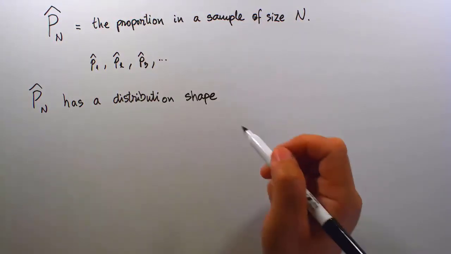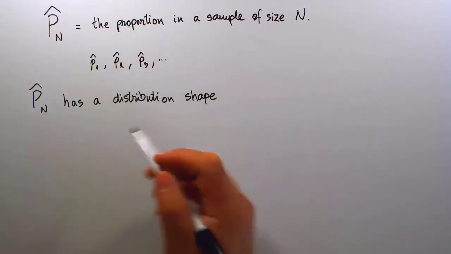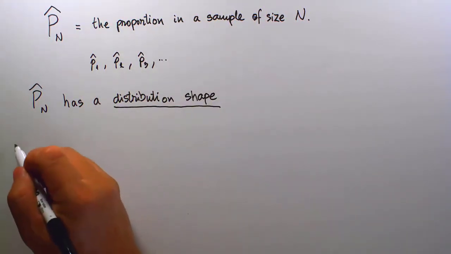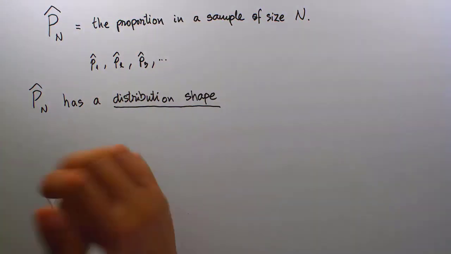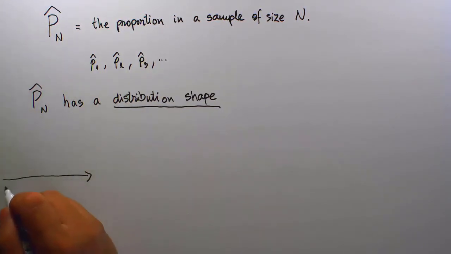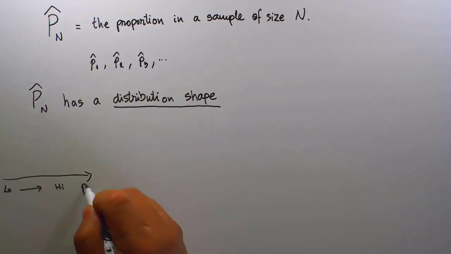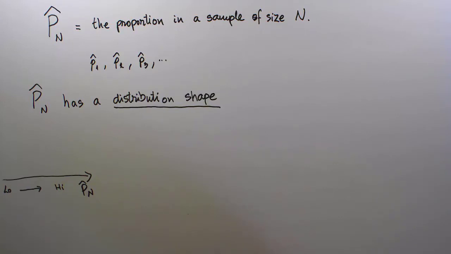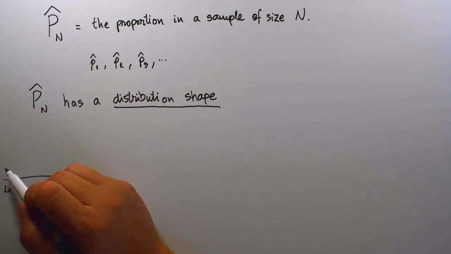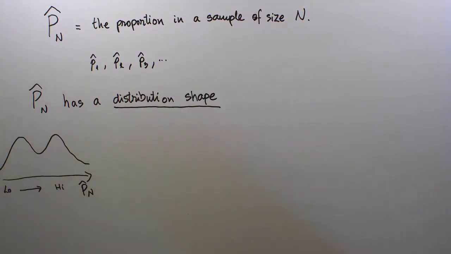Think about once you put all sample p hats that you can ever possibly find into a histogram, then you're going to recognize some kind of distribution shape. The distribution shape for any sampling distribution of the proportion can sometimes be, once again on a horizontal line where we put sample proportion values low on the left and getting higher to the right, a multiple peak distribution shape like this.